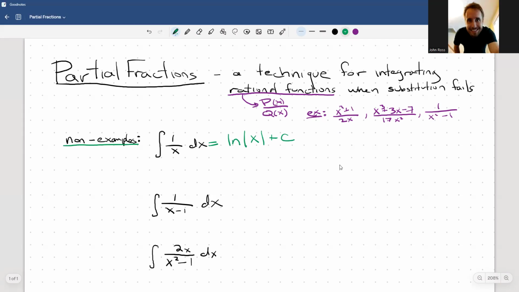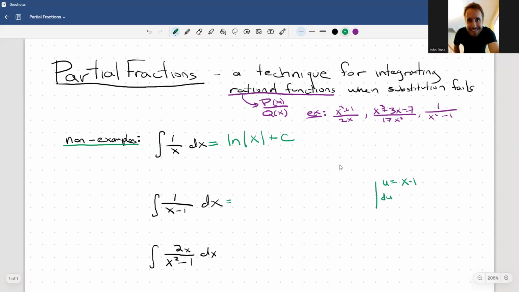For something like 1 over x minus 1, this is a little bit trickier because it's not just an x, it's an x minus 1. But in this case we use the method of substitution. Because the denominator is x minus 1 and the numerator is the derivative of x minus 1, we can let u equal x minus 1.